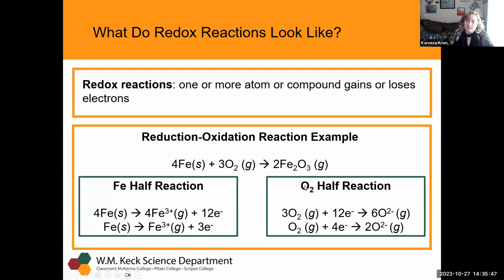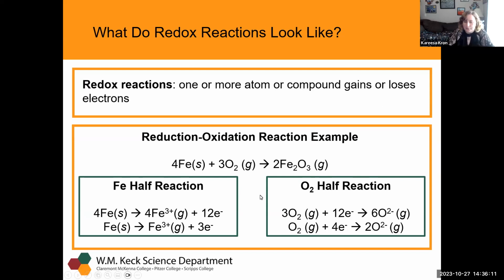On the other hand, oxygen also starts as a neutral compound with no charge, but has to gain electrons, or have electrons added to it, in order to have a balanced equation with the negative oxygen that's being produced in iron oxide. And again, I divide this reaction by 3 in order to look at it a little simplified.